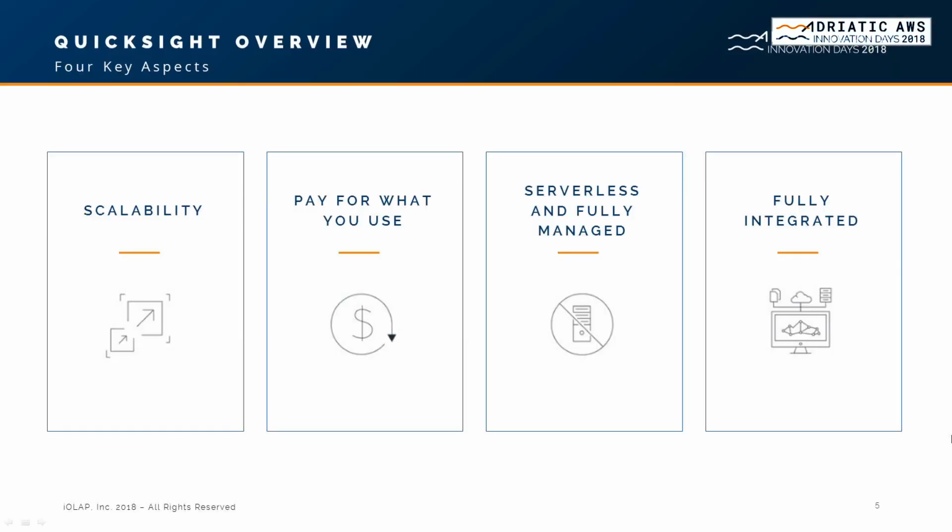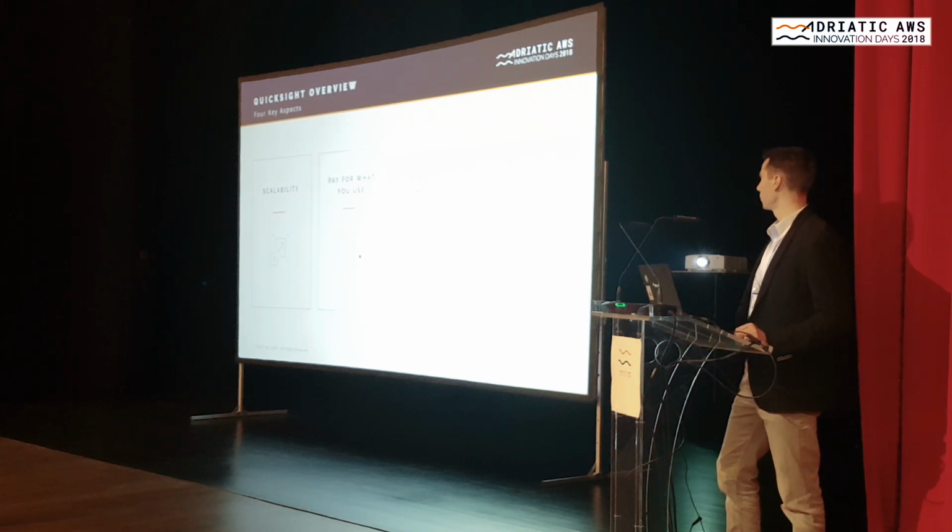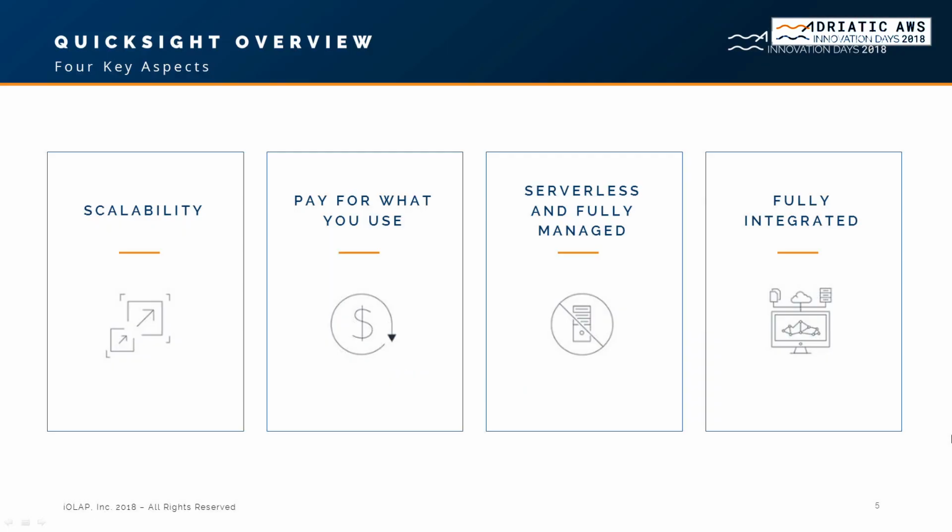This is especially good if you have many users, for example, 5,000 or 10,000 users, and maybe most of them go into QuickSight once a week or a few times a month. This will lower your payments, your expense.